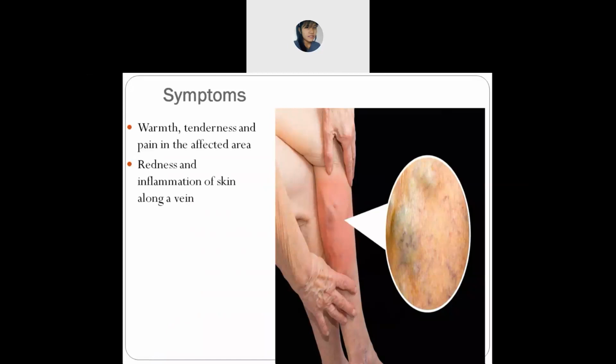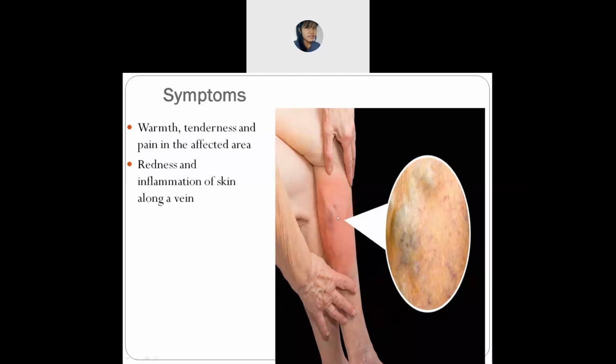Okay, and it will pain in the affected area, the superficial vein. This portion will pain, it will be warm, a bit hot, and very sensitive. And you will also find some redness. The color of the leg will change, it will seem red in color.